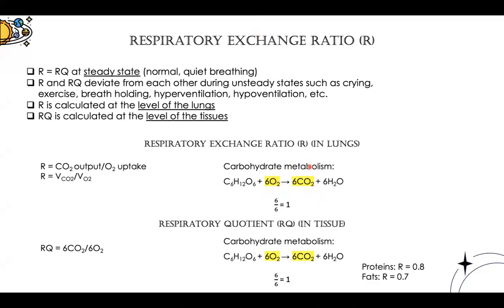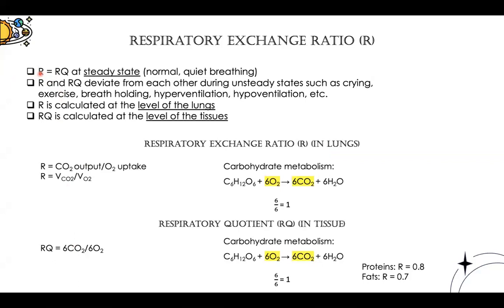The only difference between respiratory exchange ratio and respiratory quotient, which is basically this 6 carbon dioxide over 6 oxygen that we got from this equation, is that the respiratory exchange ratio takes place in the lungs and the respiratory quotient takes place in the tissue. Ideally, during a steady state, when you're breathing normally and just resting, these two values are equal.